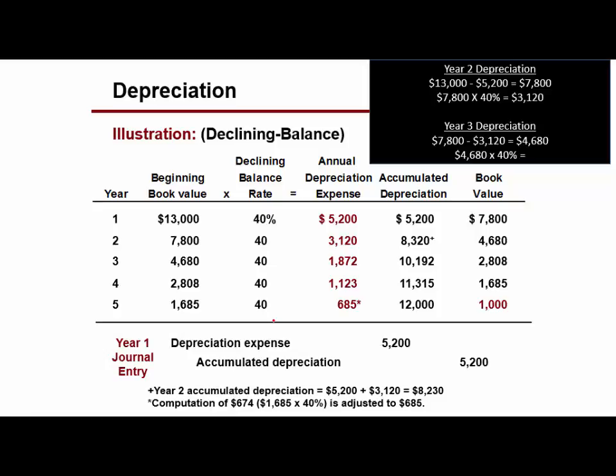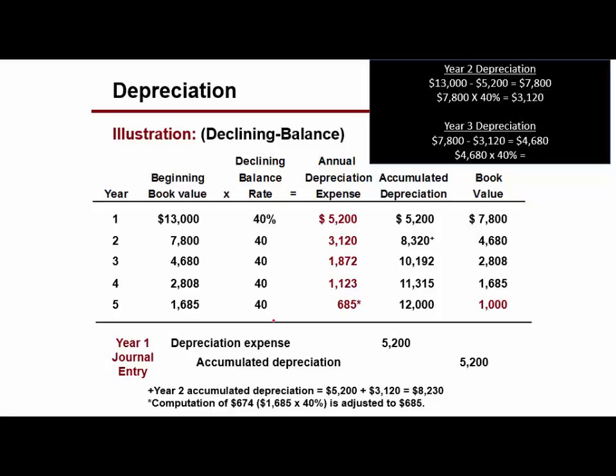So the book value, and I'm not sure I described that quite right to you a minute ago, the book value is now 13,000 minus the accumulated depreciation of 5,200 or 7,800, right? We take that 13,000 minus the 5,200 equals 7,800. That's the remaining book value for year 2.